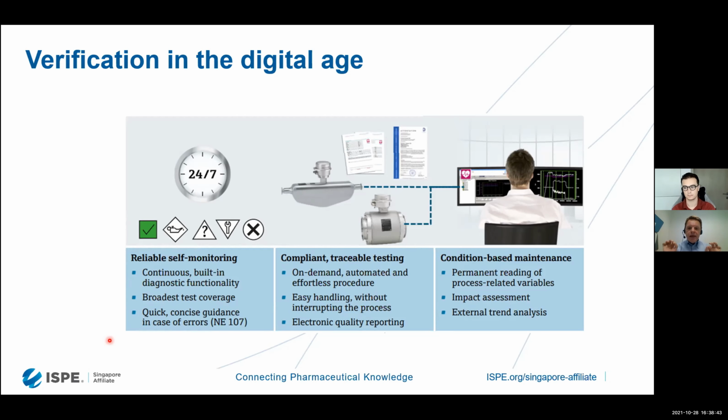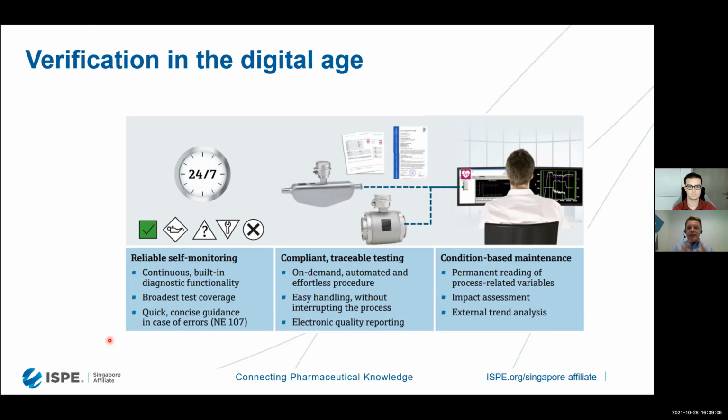And then we combine verification with calibration. So calibration, again, on the fixed intervals. Verification is more flexible. We don't have a fixed interval for verification. Verification can be done very frequently. In many cases with modern devices, verification can be done at the same time when the process is running, so there is no interruption of the process. That's different with calibration.